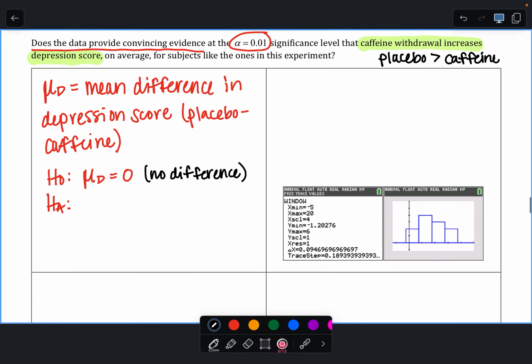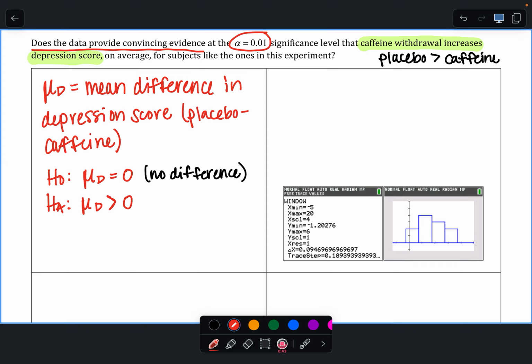Now, the part that a lot of people get wrong is deciding, now that I have my null, what direction I want my alternative to go in. With how we did it, we did placebo minus caffeine. We want placebo to be the bigger number. So think big number minus a smaller number. That should always give you a positive number.